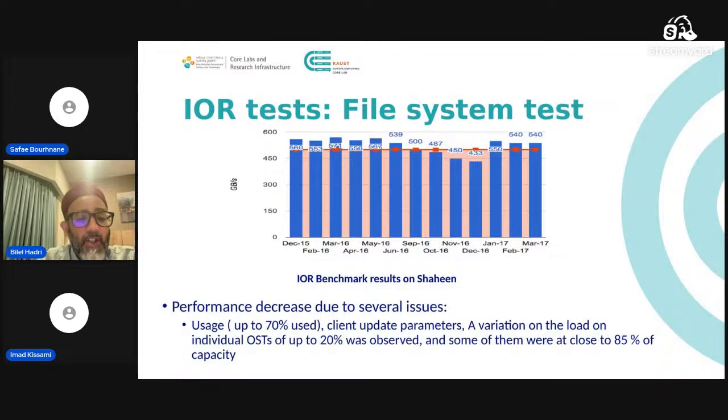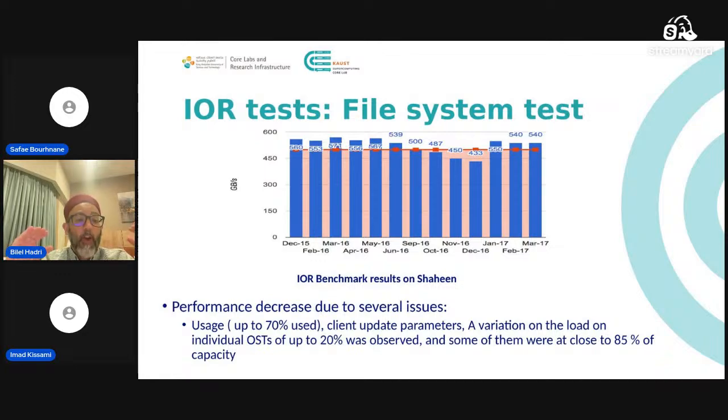Here, I just shared, okay, we have a performance diagram. Bilal, don't worry, it's not a big deal. Oh, a month later, it goes down more than 10%. Something is wrong. And indeed, after some study, we identified not only that the machine was used a lot, but also that some individual OSTs were not performing as expected, because some of them were close to 85% of capacity.